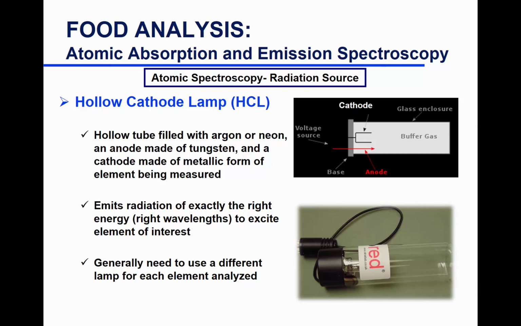Why is that? Because once the voltage is applied, the cathode is going to emit radiation in the spectra of that particular element, which is very important for determining absorption. You want the exact spectra of that element, and then you deduce the absorption at a particular wavelength for that element.